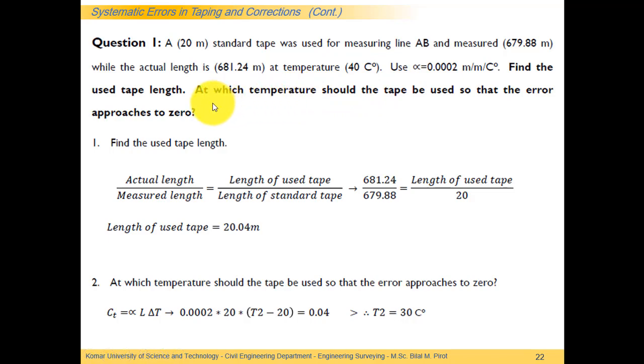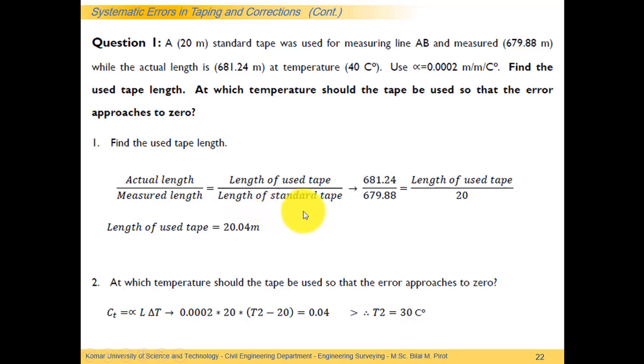It means the standard temperature of the tape. Now we have this formula, because the first requirement is finding the true length of the tape. We have this formula, actual length divided by measured length, this is the length of the line, and equals the length of the used tape divided by the length of the standard tape.